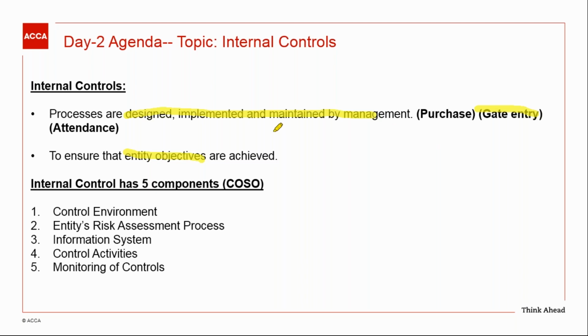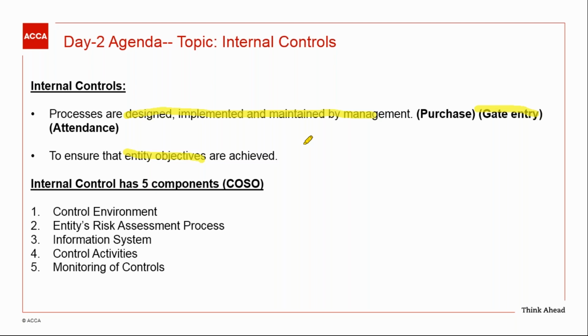So the entity's objective is to prevent unauthorized access, and the internal control is the security guard who stops, identifies and clears the identity of any newcomer.